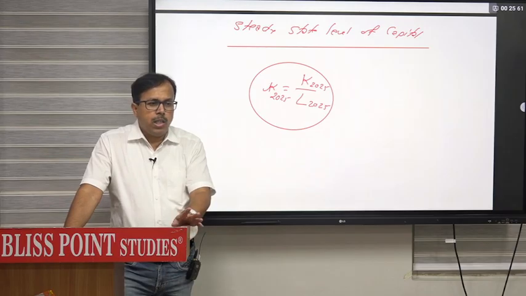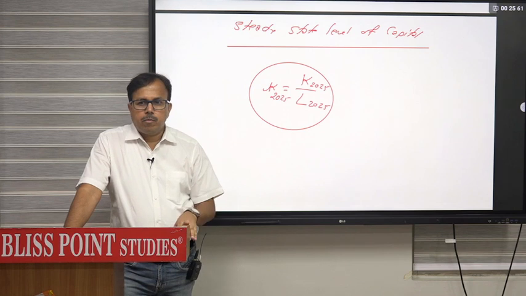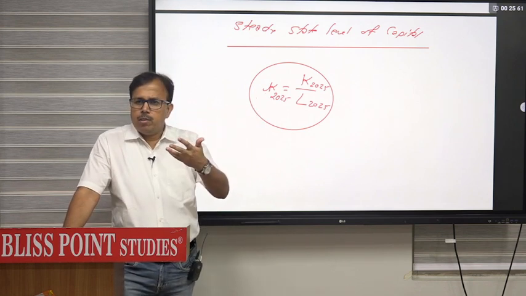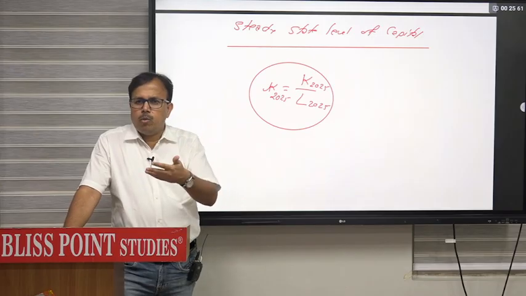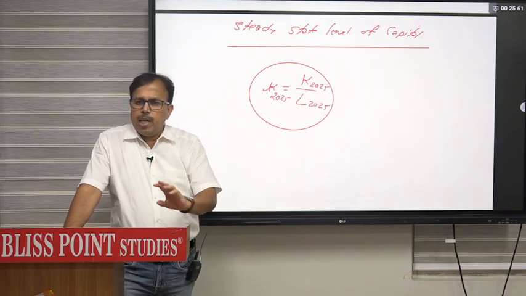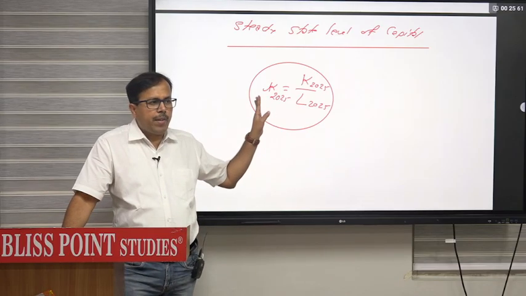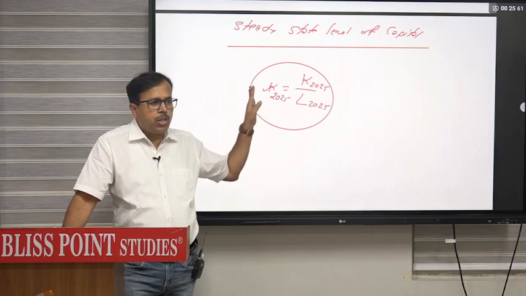What will cause the change in this stock of capital? Because K determines Y, I am more interested in knowing what determines K. If K changes, then output will change. Y is a function of K. So if there is a given number of K today, what will cause the change in that K?